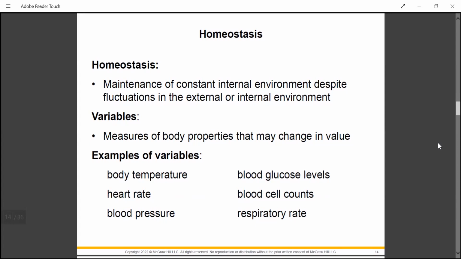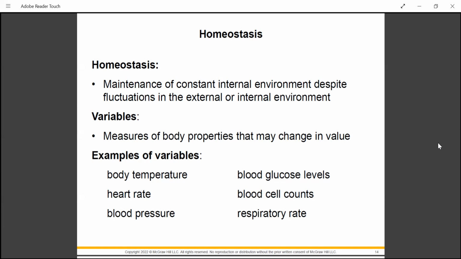Okay, as I said, we're going to talk about homeostasis, and we talk about this in relation to maintaining our internal environment. So homeostasis is maintenance of a constant internal environment despite fluctuations in the external or internal environment. Our body is quite picky. It likes to be at a very specific temperature, a specific pH, it wants a specific balance of nutrients.